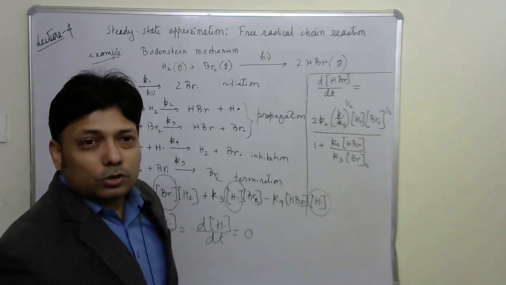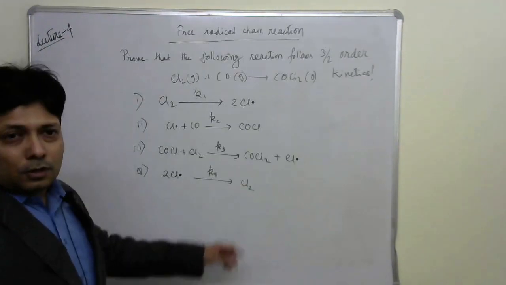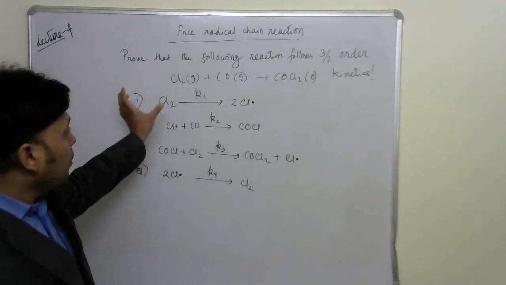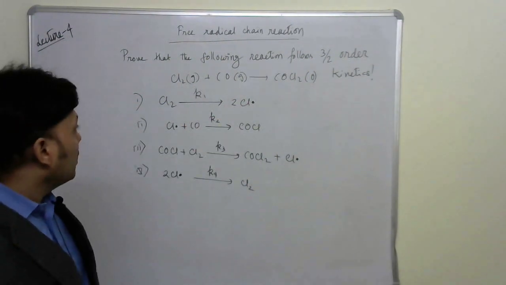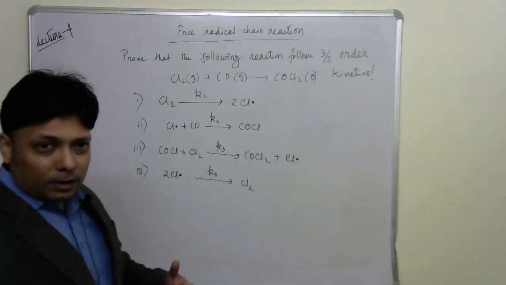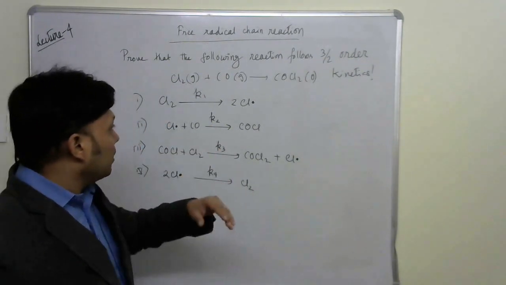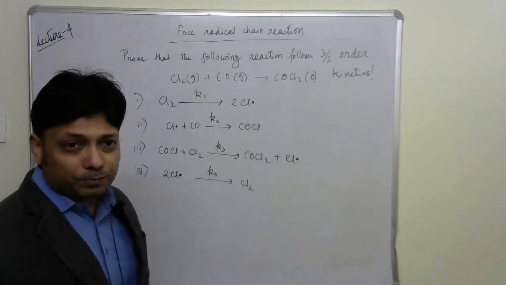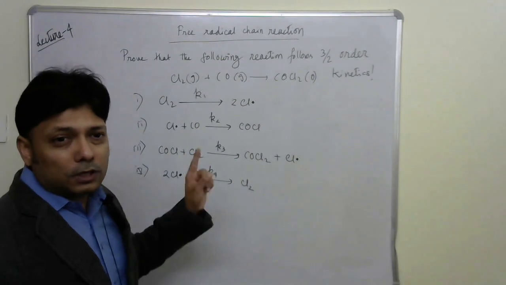So now let's move on to another example of a free radical chain reaction. Another classical example is the formation of COCl2 gas from chlorine gas and carbon monoxide gas. So the question is, you have to identify firstly the steps that are chain initiation, chain propagation, and chain termination, and then find the different types of intermediates.